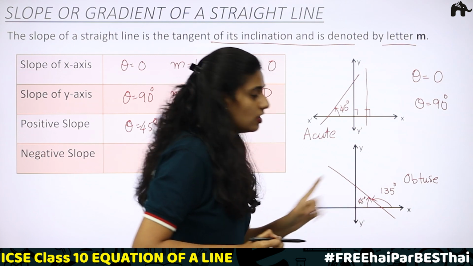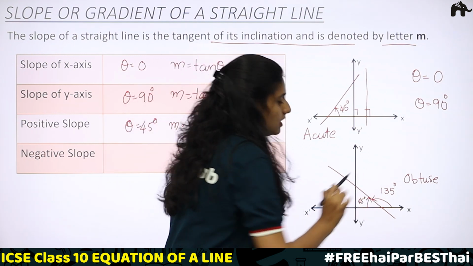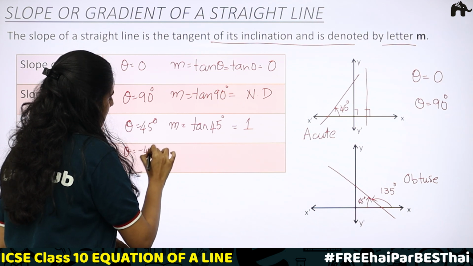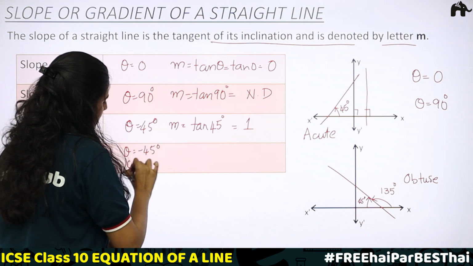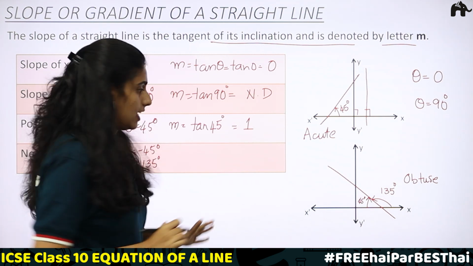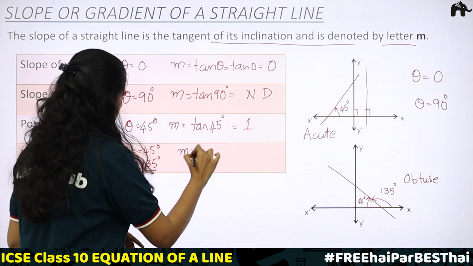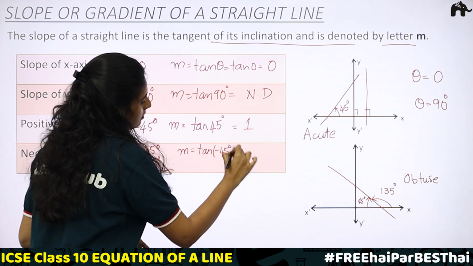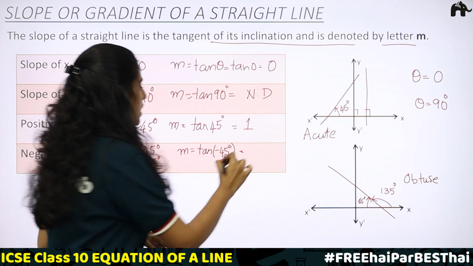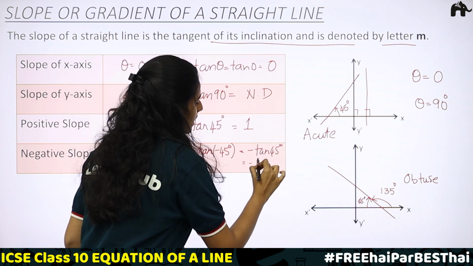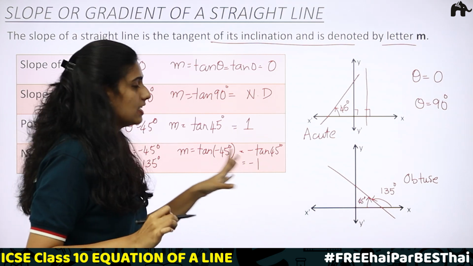When measured in the anti-clockwise direction, we will be getting theta positive. Here, our theta angle is equal to either minus 45 degrees or theta is equal to 135 degrees, which is an obtuse angle. We will be getting m is equal to tan of minus 45 degrees, and that is equal to minus tan 45 degrees, which is minus 1.